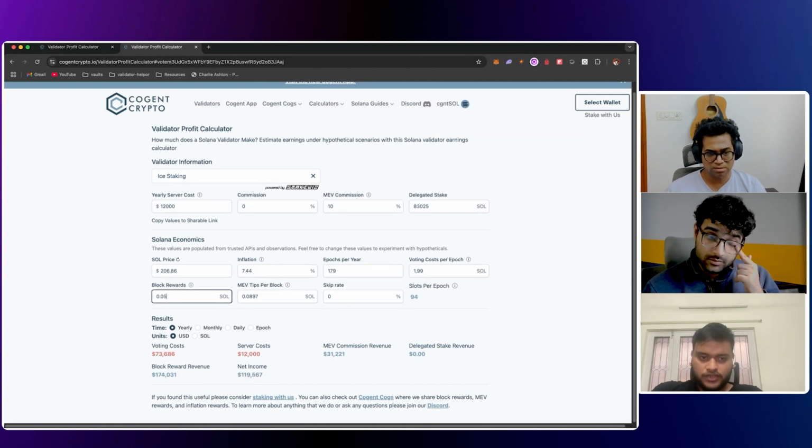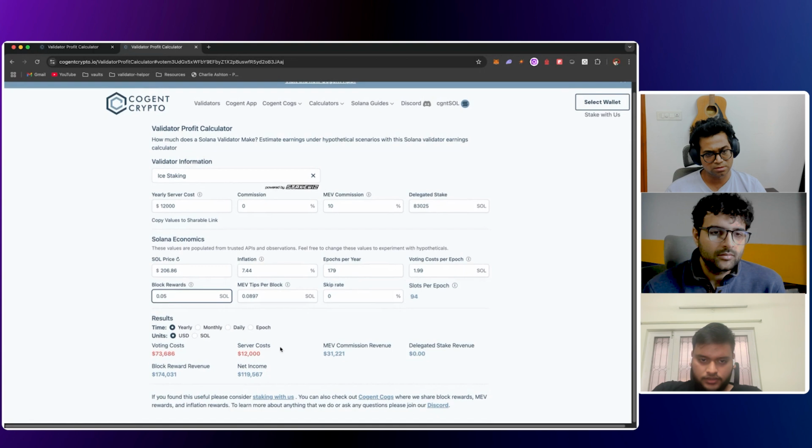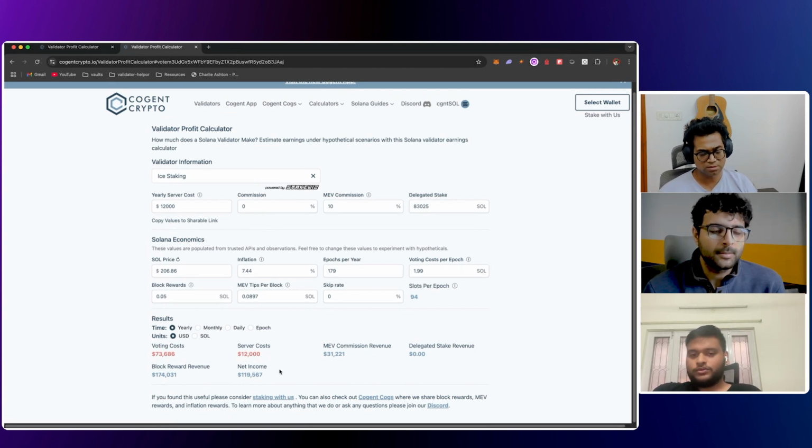The block reward is not updated, but roughly it's 0.05, and roughly I make 120K year on year, depending on the SOL price and rewards. Anyone can do the math.